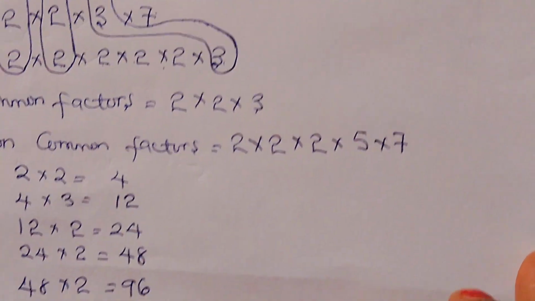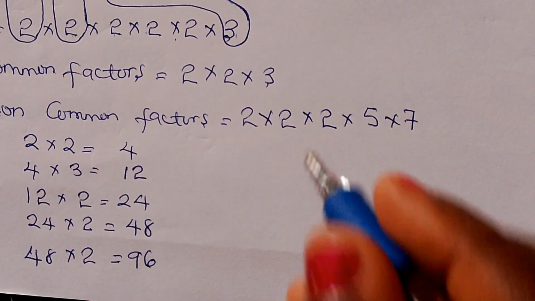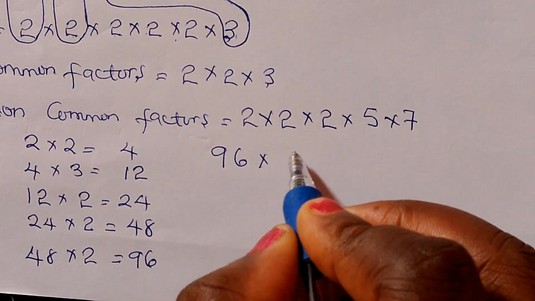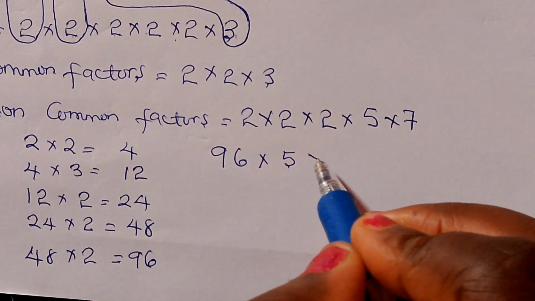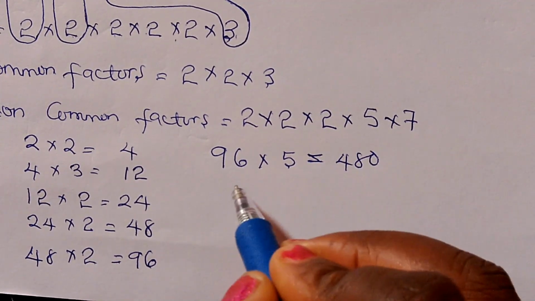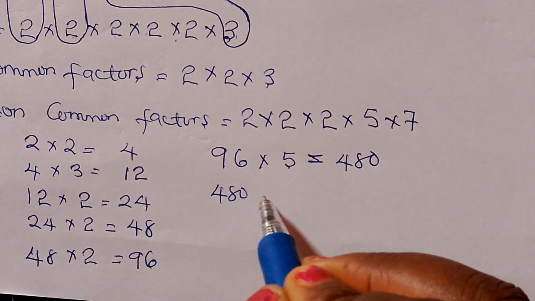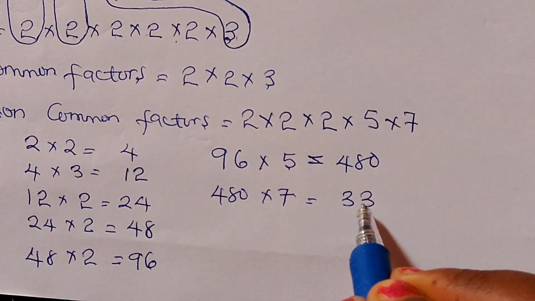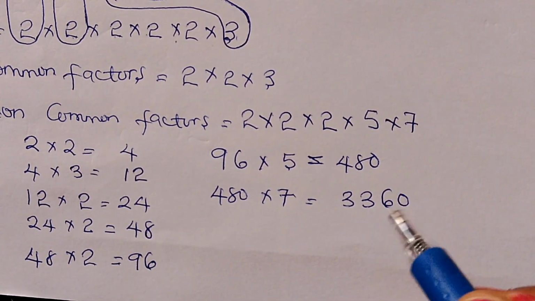Okay, so we go again. We're going to do 96 times 5. That is going to be 480. Then we do 480 by 7. That is going to give us 3,360.